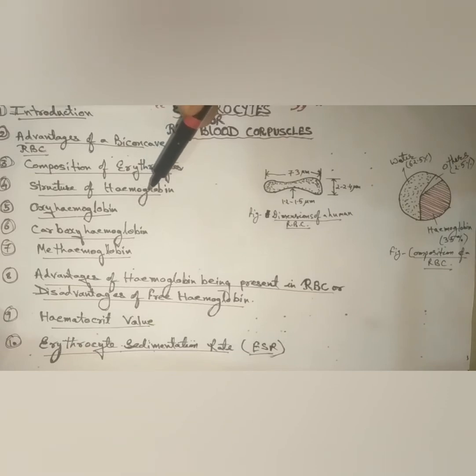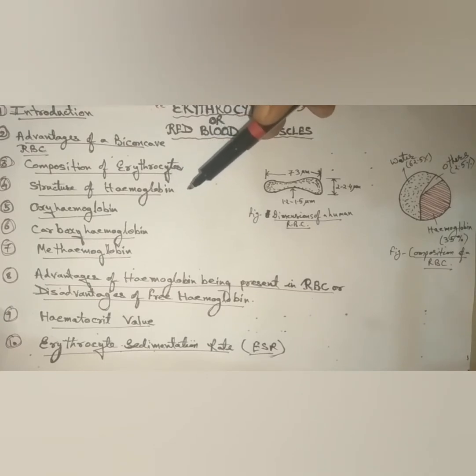This facilitates exchange of oxygen and carbon dioxide. Next, composition of erythrocytes. One RBC contains 62% water, 35% hemoglobin, and the remaining 2.5% other substances like glucose, lipids, proteins, enzymes, vitamins, derivatives, and inorganic ions.